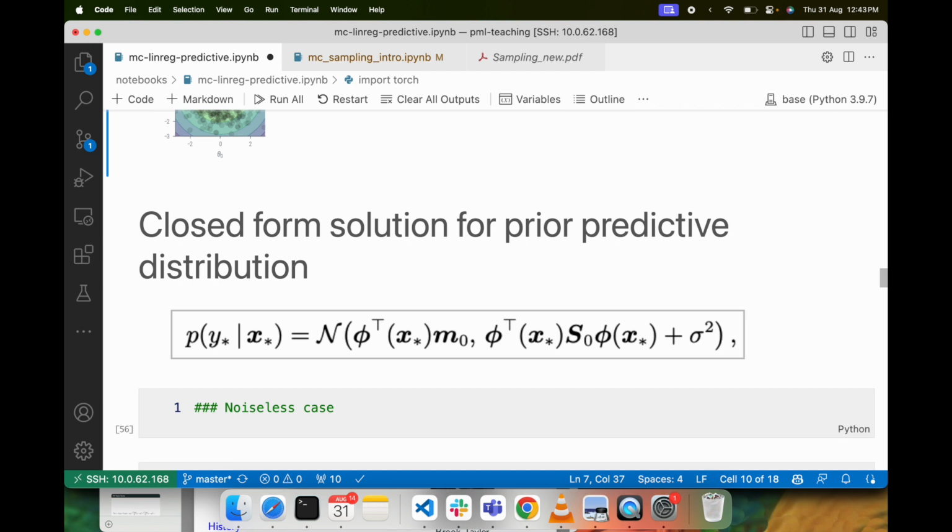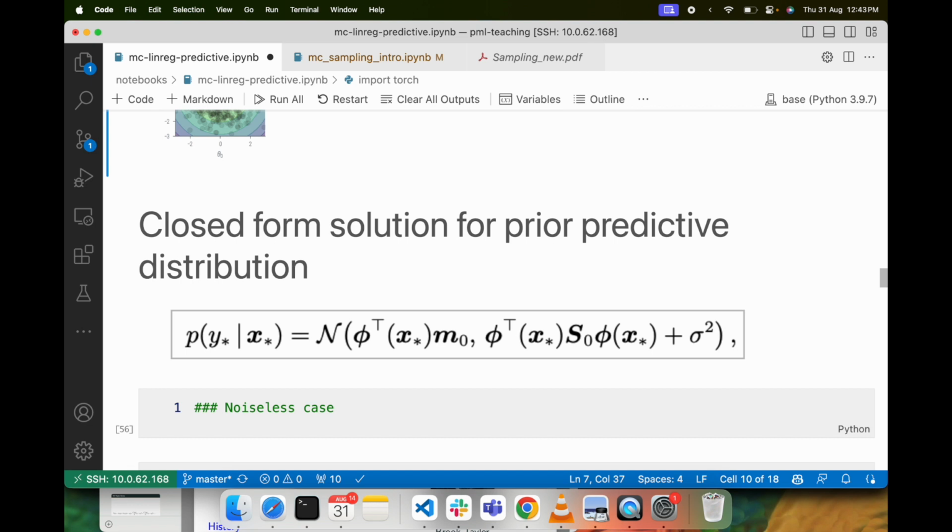For now, I just kept sigma square to be 0, so I'm not considering any likelihood noise. I'm only considering the variance which is coming in due to the model uncertainty, only the epistemic uncertainty. So it comes out to be x transpose S naught x. That's the covariance that you get, and this is the closed form.